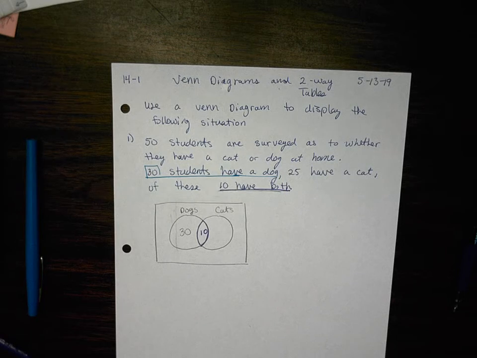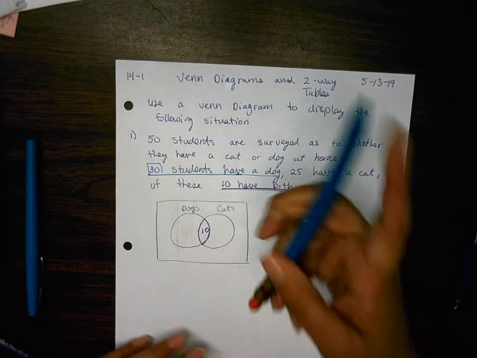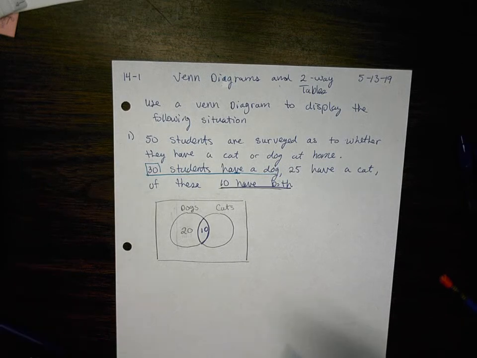Look at the dog's big circle. How many students together do I have in the dog circle? 40. Is that how many people like dogs or have dogs? No, she said we have to subtract. So 30 take away 10, what should go there? What is it? 20. Okay, so 20 plus 10, does it add up to 30?